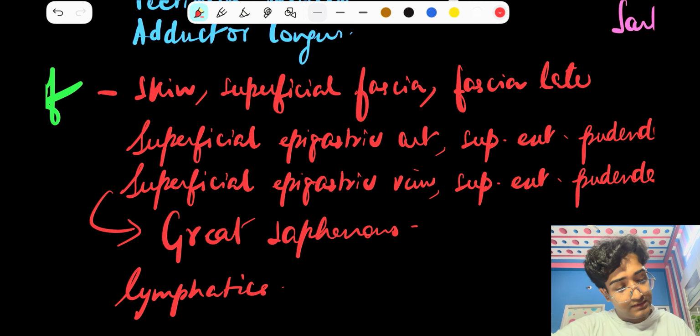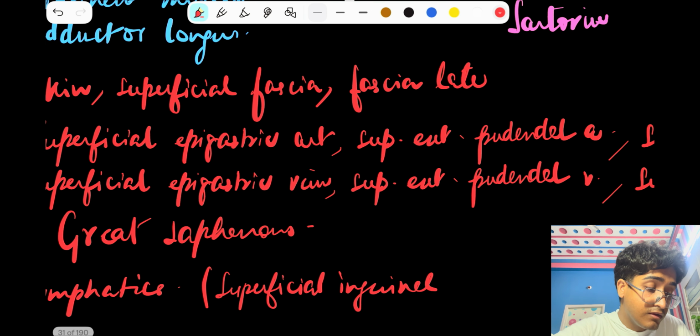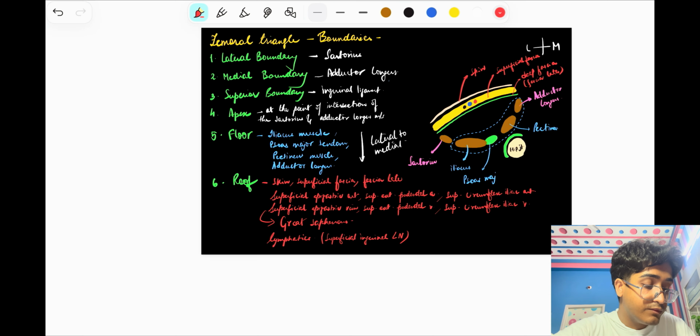So we'll write it as superficial inguinal lymph nodes.